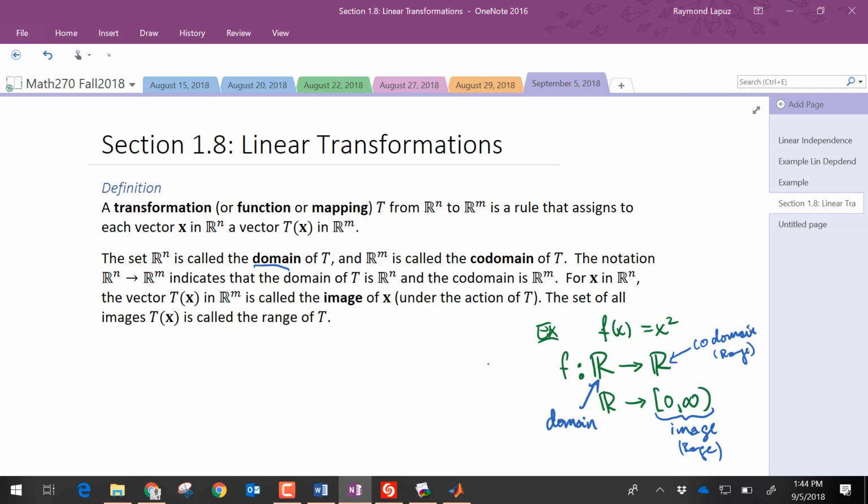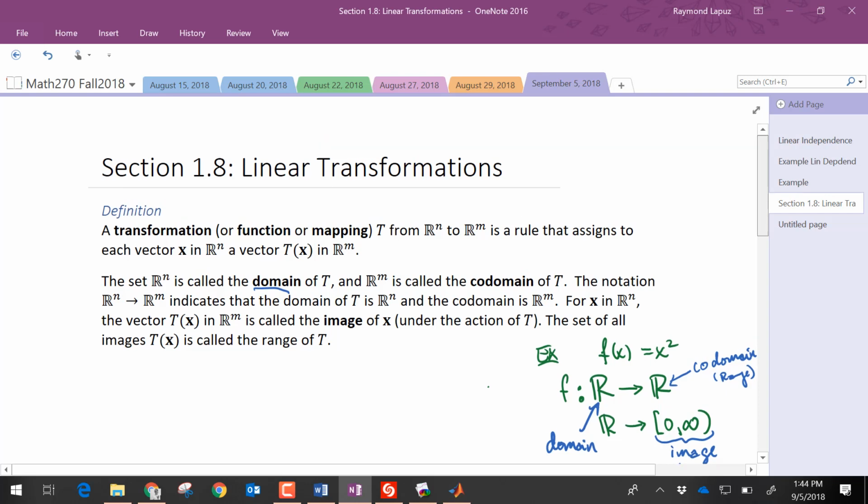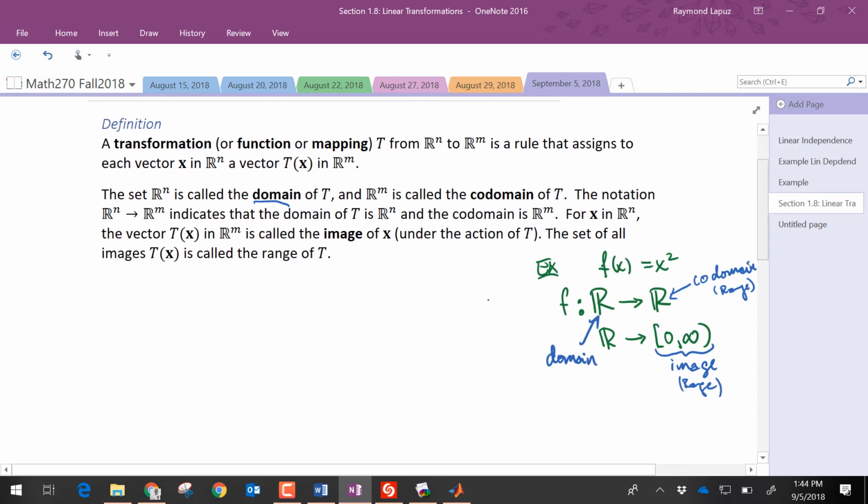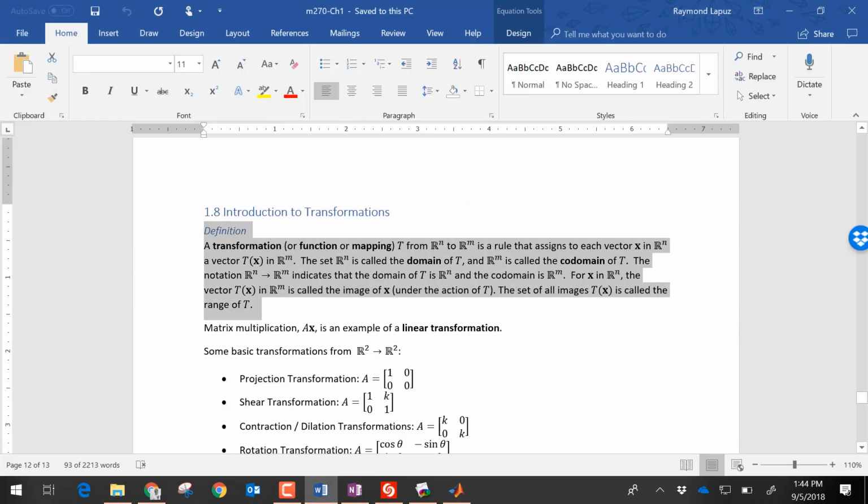There's a slight difference there that we're going to try to get straightened out. All right. So that's the general idea of a transformation. Now, a linear transformation is essentially a transformation that follows a handful of rules. Two rules, really.